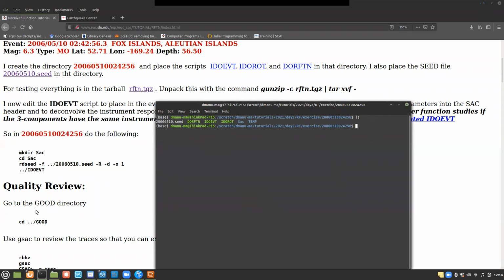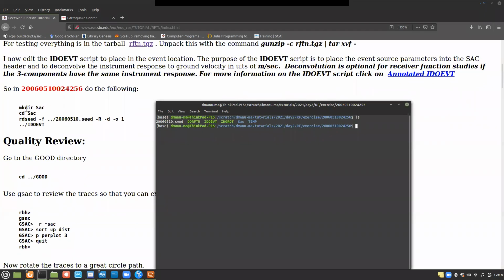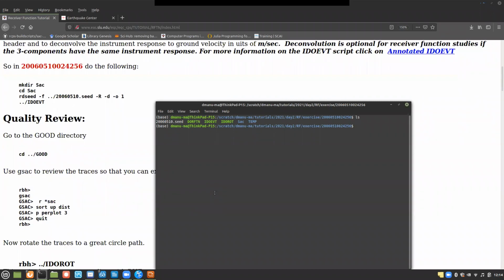Okay, so it says that we should go into the SAC directory, and then run this. So this rdseed is a program, and there's a package that converts your seed signal to a SAC signal.